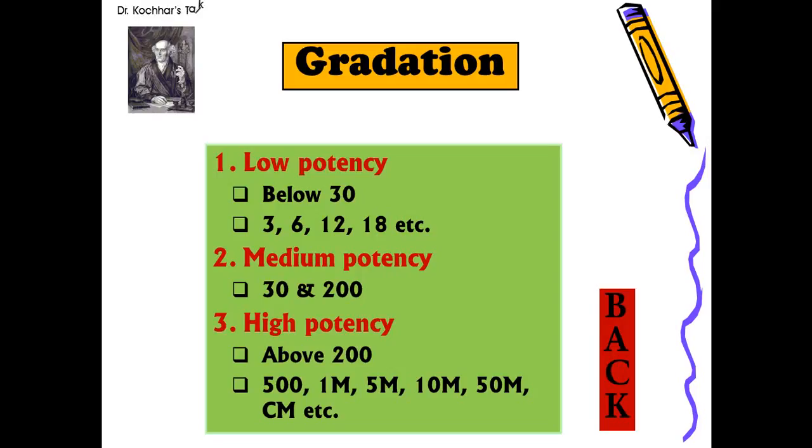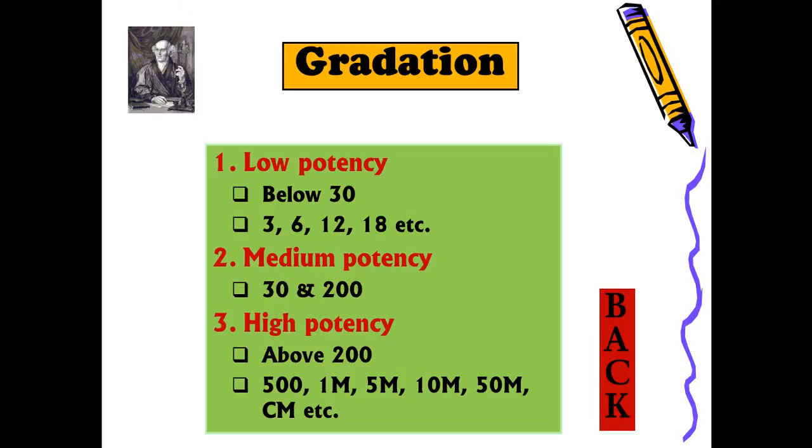Then 1M, 5M also is there. 5M is again more rare, but more common is 10M, 50M and CM potency. There was a DM potency also earlier. Then Kent introduced the term octave. Octave is like notes of music. There are 8 notes of music. In Hindi there are saptasur, 7, but in English music there is an octave: do, re, mi, and so on.